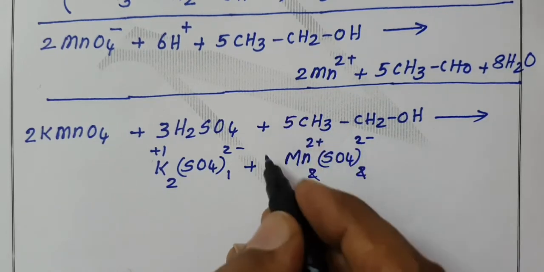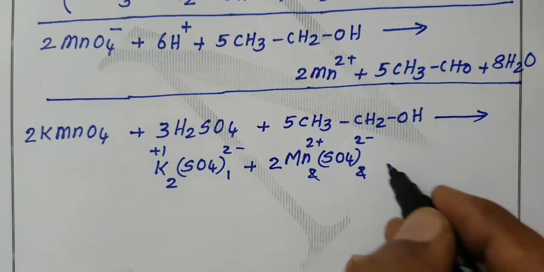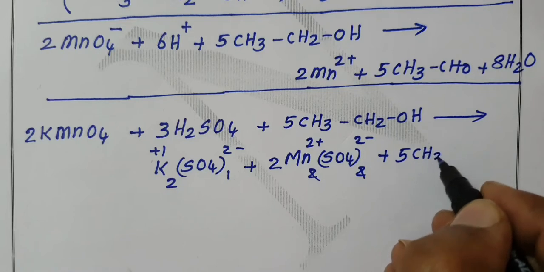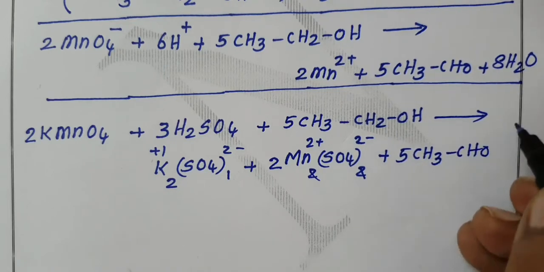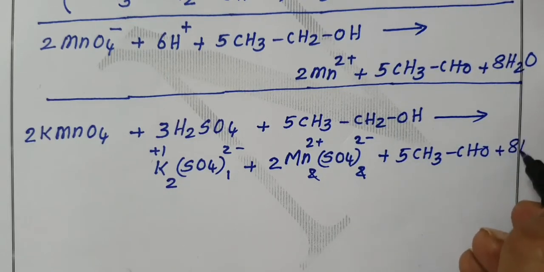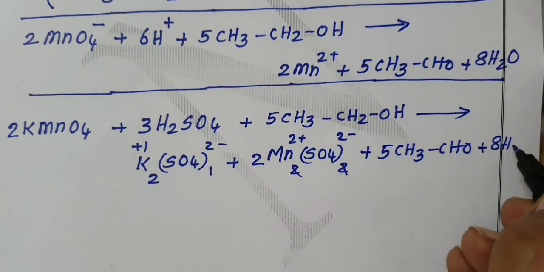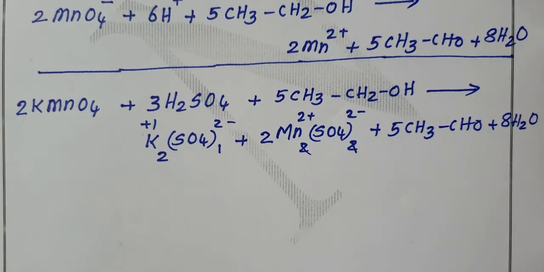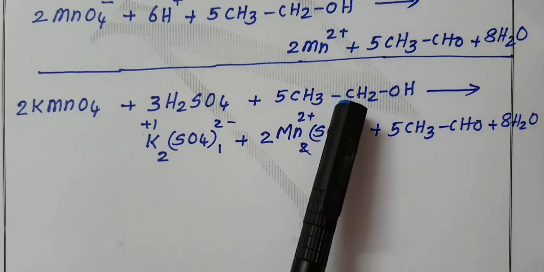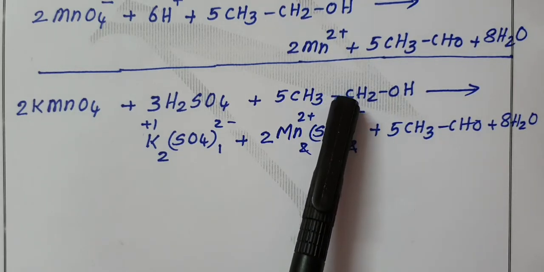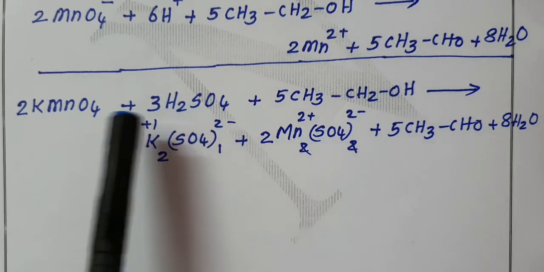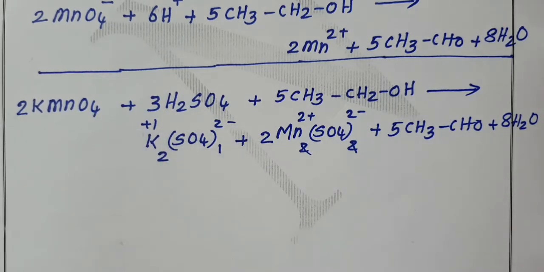But how many moles of Mn2+ remain? 5 CH3CHO, acetaldehyde (ethanal), plus how many molecules of water? 8 molecules of H2O. So, this is the reaction in which ethyl alcohol or ethanol is oxidized into acetaldehyde by acidified potassium permanganate.